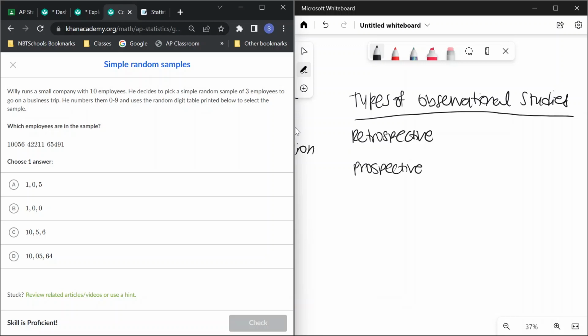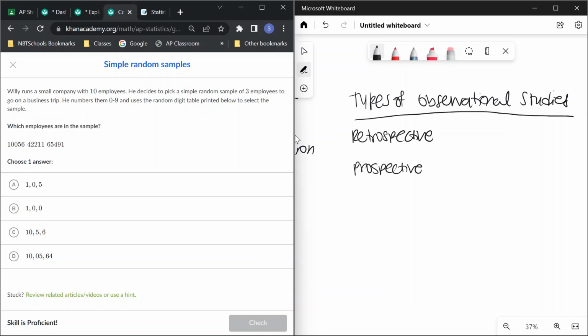Willie runs a small company with 10 employees. He decides to pick a simple random sample of 3 employees to go on a business trip. He numbers them 0 to 9 and uses the random digits. Which employees are in the sample? I completely forgot how to do this.